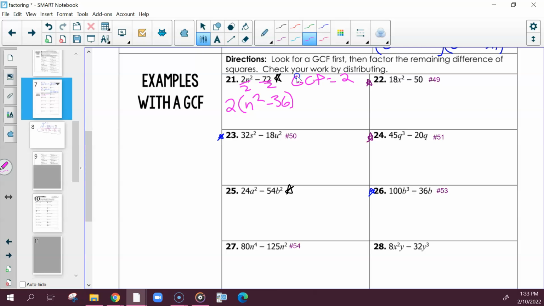Yes. So you're going to bring down the 2 that you factored out. It'll just tag along. And what would these two factors be? Minus 6 and plus 6. So it's the same process as before, but with an additional step.